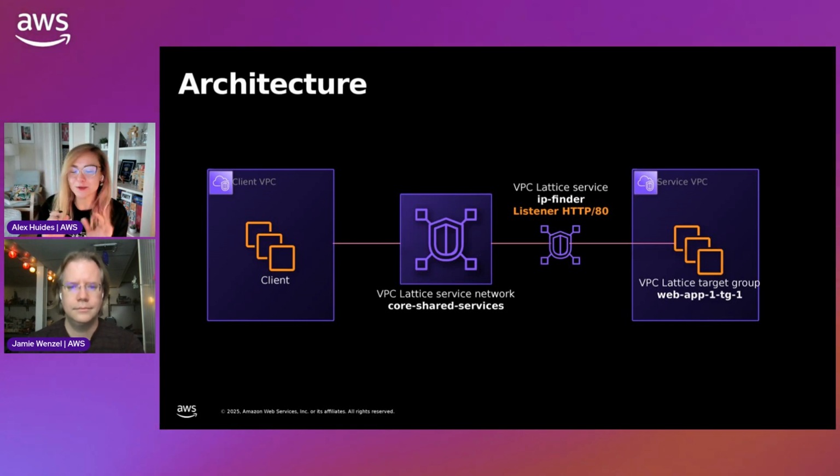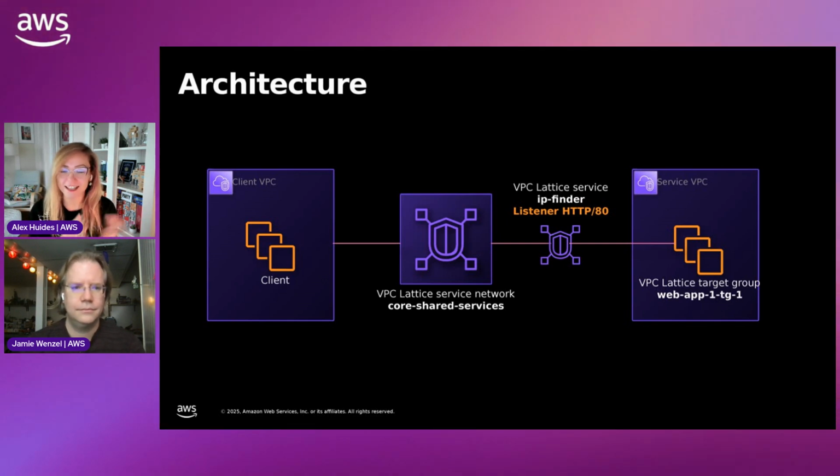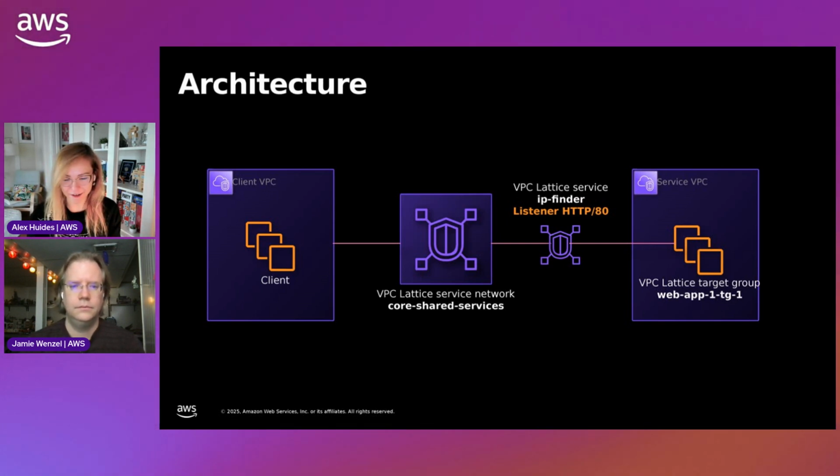It's a super simple service. By the way, I'm not great at coding, so I just created a super simple web app in Flask that returns the IP address of the client that connects to it, and it's listening on port 80. Should be really easy for us to follow.